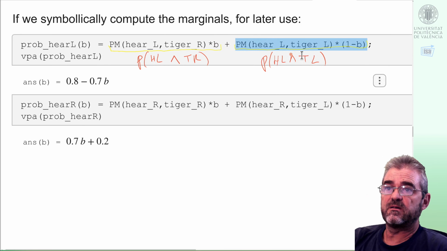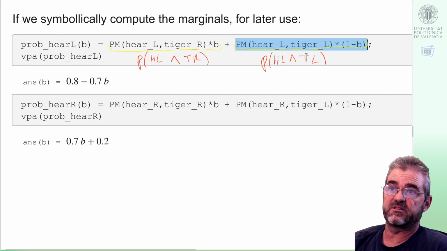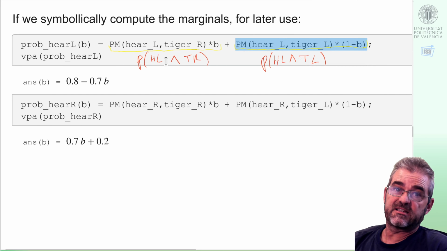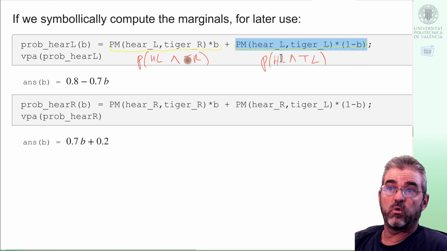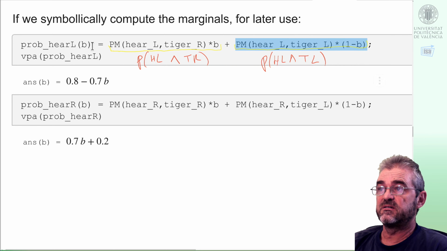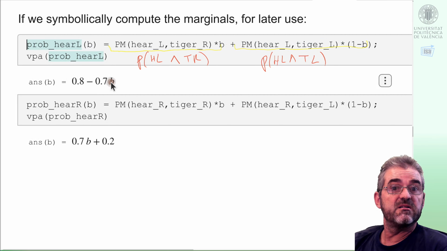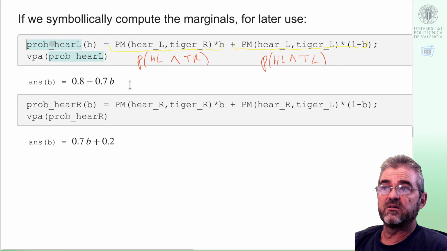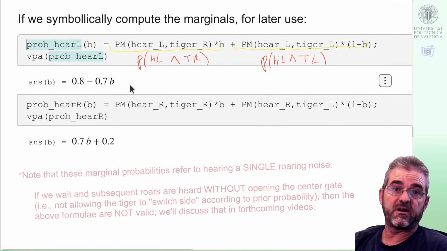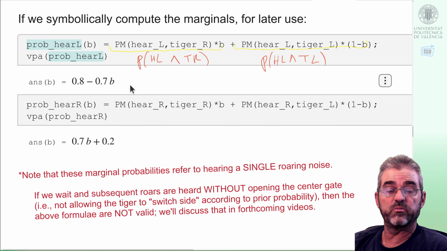And this term here is the joint probability of hearing left and tiger left, which is the conditional times the probability of the condition, which is tiger left, 1 minus B. So, as I can only hear left if the tiger is right or the tiger is left, the sum of these two probabilities gives me an expression linear in B, which is the probability of hearing noises at the left door given my prior B. Of course, if I replace B equal to 0.6, I would get the marginals we saw a minute ago.